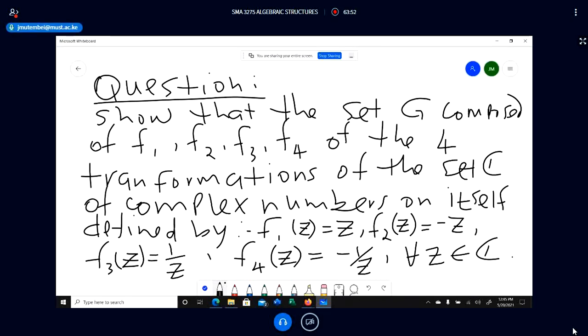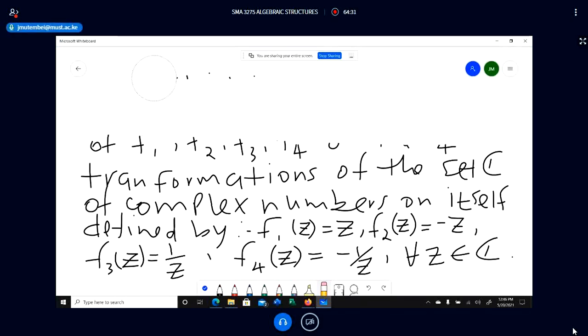So we want to show that this, I hope you are writing that question, because it's a question I want us to work together, and then it will help you sort out some assignment. So we want to show that this is an abelian group. You remember we defined an abelian group.